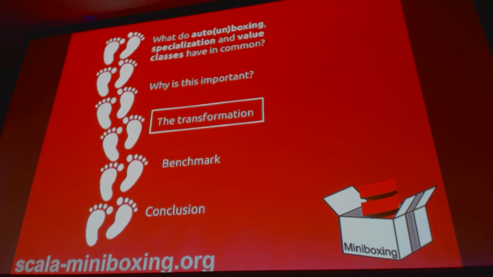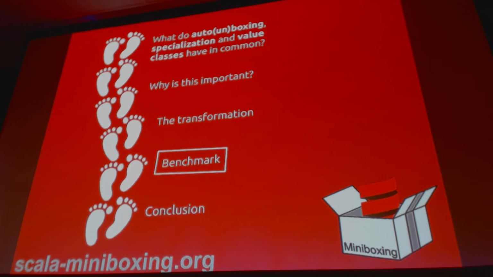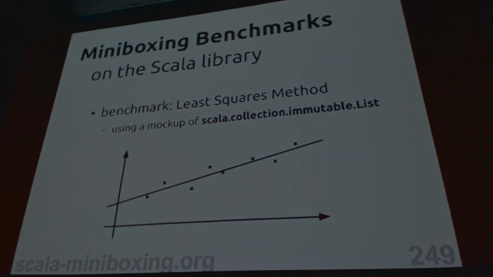Okay, so we talked about a transformation. Let me give you a brief benchmark just to whet the appetite of those people who really need to see numbers, right? I presented an earlier version of this benchmark for the Scala Days conference, but it's slightly evolved, and I'll explain why.